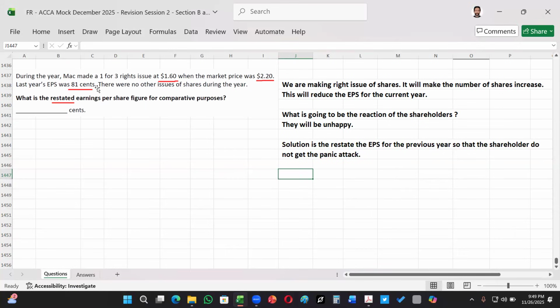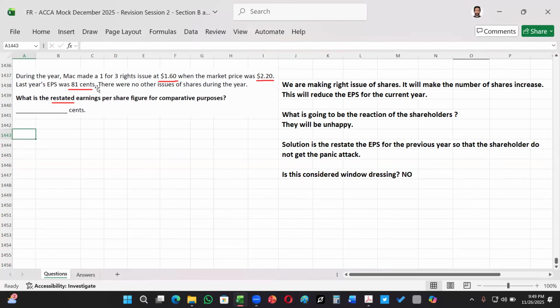So is this considered window dressing? The answer is no. So this makes clear sense. It is fine to reduce the EPS for the previous period so that the shareholders do not get a panic attack.